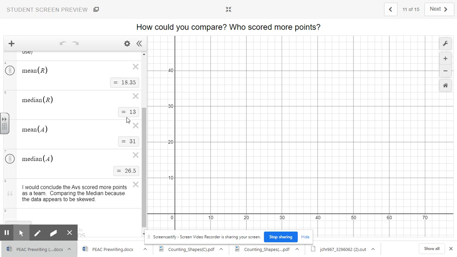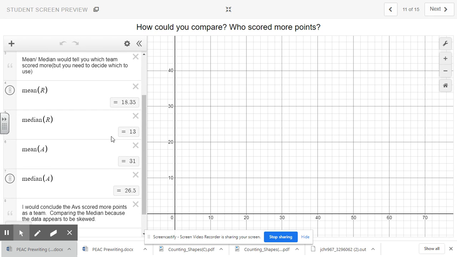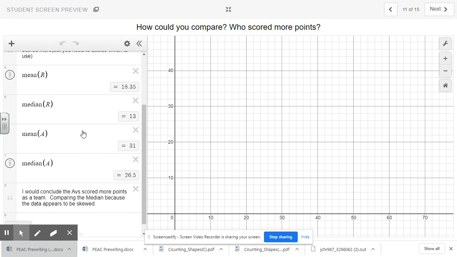In fact, it's skewed to the right because the mean is higher than the median. So I would use the median, and clearly the medians are 13 and 26. So clearly the Avs are scoring more. I would conclude that the Avs scored more points as a team, comparing the median, because the data appears to be skewed.